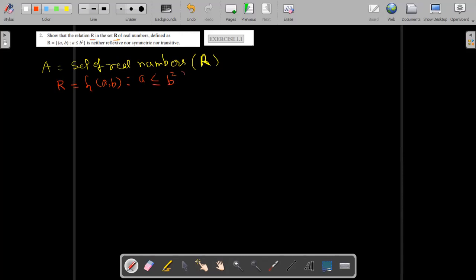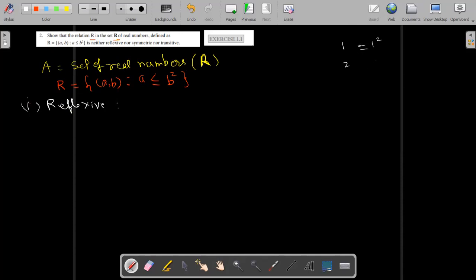The relation a is less than or equal to b squared is neither reflexive, nor symmetric, nor transitive. As I told you, we have to show that it is not reflexive. For not reflexive, we need one example. All are real numbers, so we can take any number. If we take (1, 1), 1 squared is equal to 1.